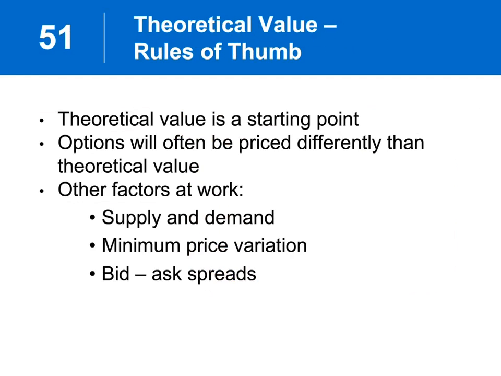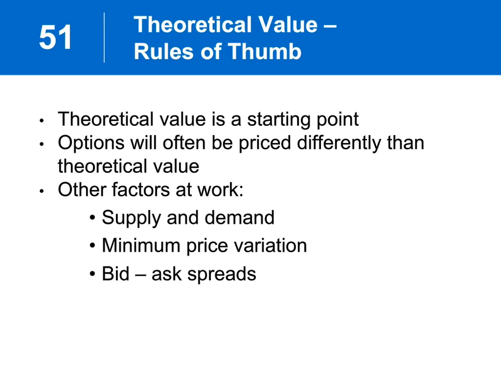This whole idea of pricing models, they're theoretical in nature. A couple rules of thumb: options will often be priced differently than the theoretical value. That can be because the inputs that we've discussed, those Greeks, can change faster than maybe you change the inputs. As we said earlier, supply and demand can have an input.